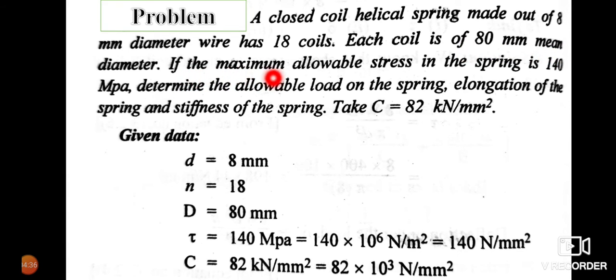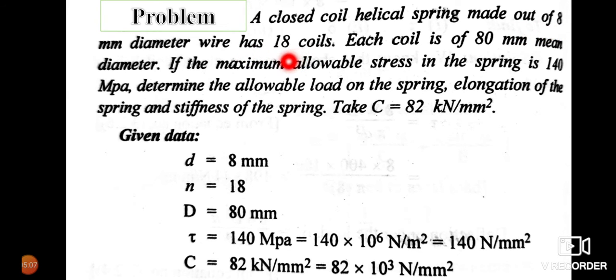If the maximum allowable stress in the spring is 140 megapascal, determine the allowable load on the spring, the elongation of the spring and the stiffness of the spring. Take C equal to 82 kilonewton per millimeter square.